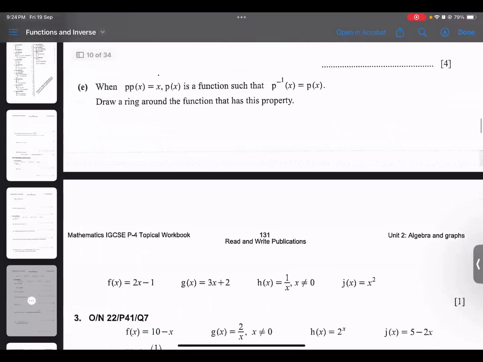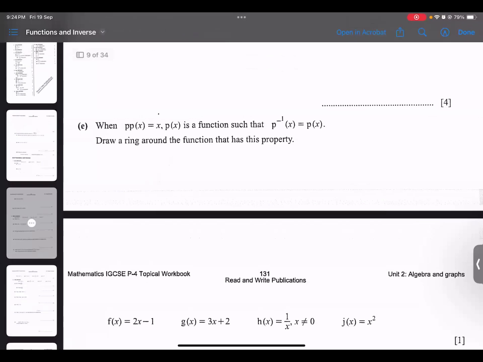What is this one? Look, p(x) is a function such that p inverse is the same as the original function. Draw a ring around the function that has this property. The inverse has the same as the original function. Check, check, check. I already know the answer.